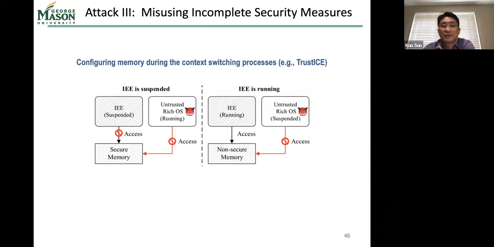So for TrustICE, this is actually our work in 2015.